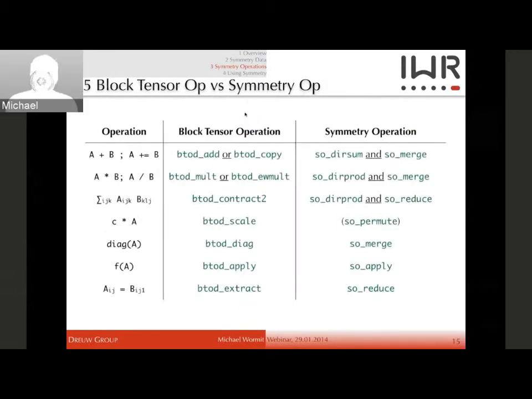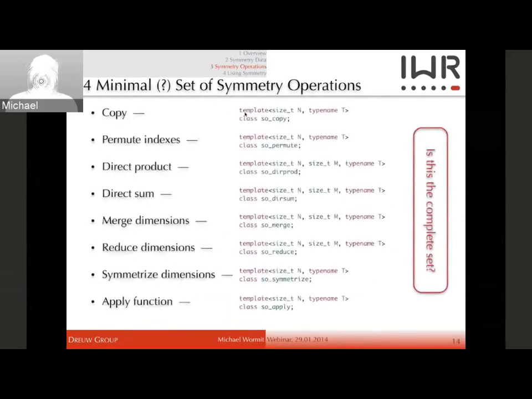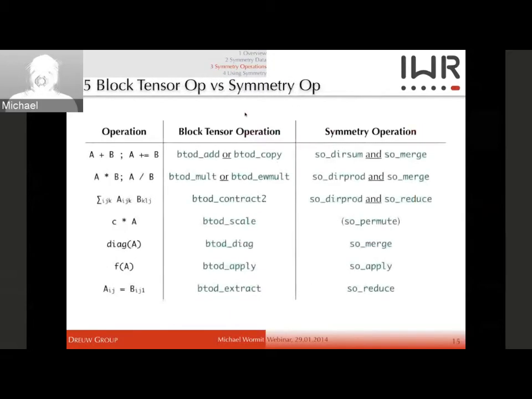And then how does this minimal set of symmetry operations map onto the block tensor operations? I've listed here a few of the operations we have in libtensor. So the first line is element-wise addition, the second is element-wise multiplication and division.